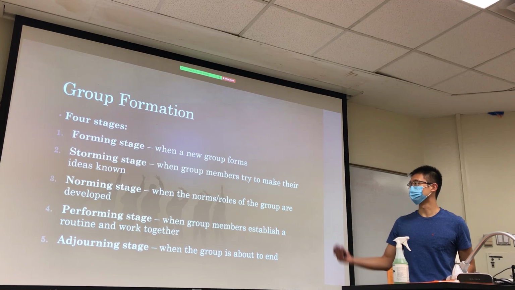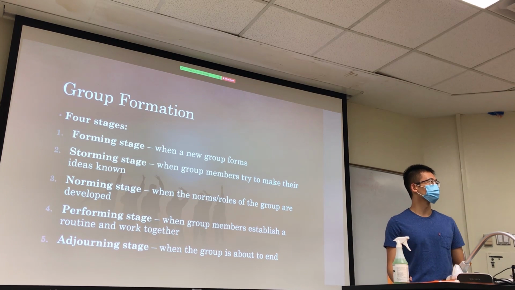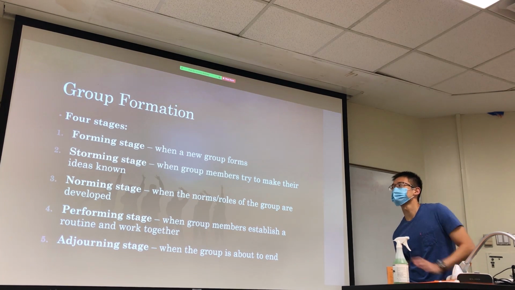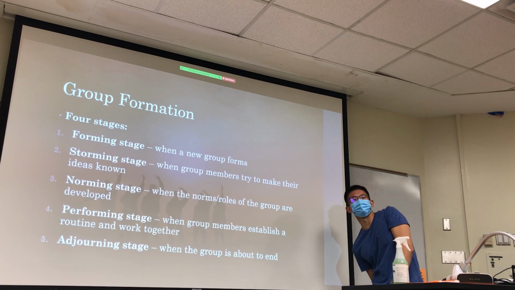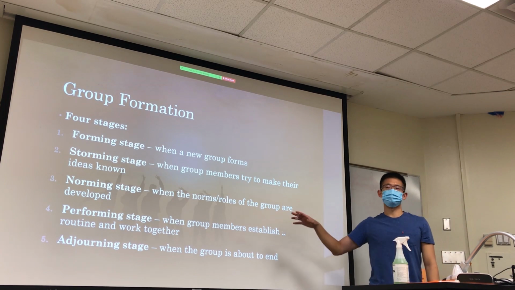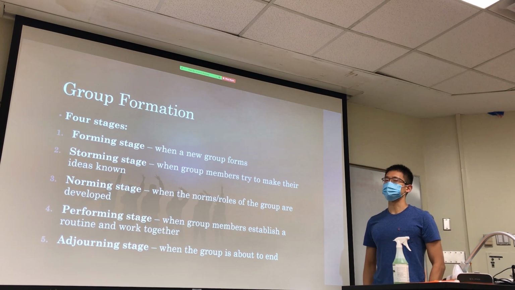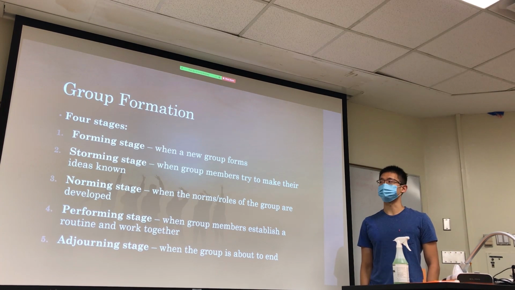When you decide a topic and then you decide who's going to work on what. They definitely overlap. So let's do 5 stages, and you don't have to follow the timeline or the order exactly, but those are the common stages that we see in group formation.